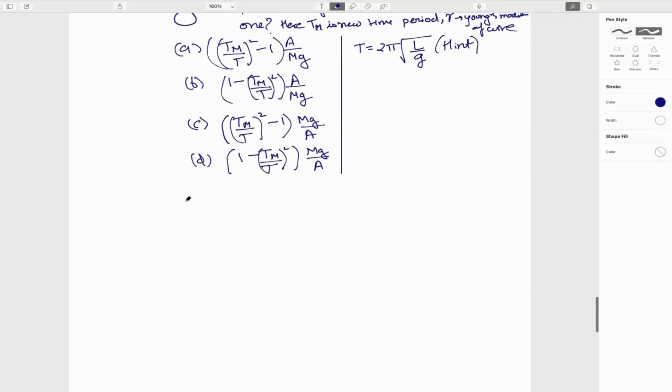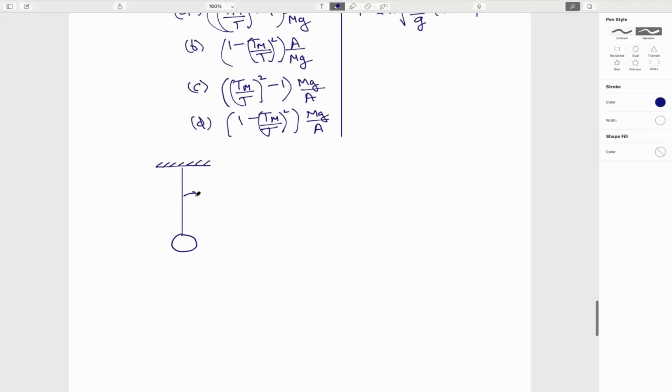So the question is, initially we have this bob whose time period is T equals 2 pi under root L by g. The cross-sectional area of the wire is A. This is the initial condition.